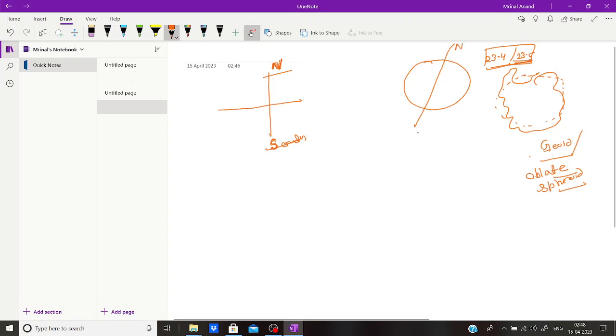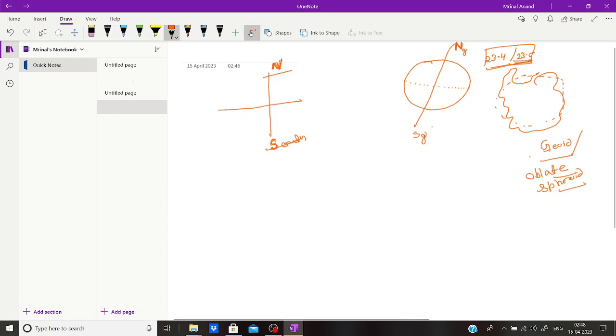This is the north pole, this is the south pole, and this one is the equator. This north is actually the geographical north. This south is actually the geographical south.